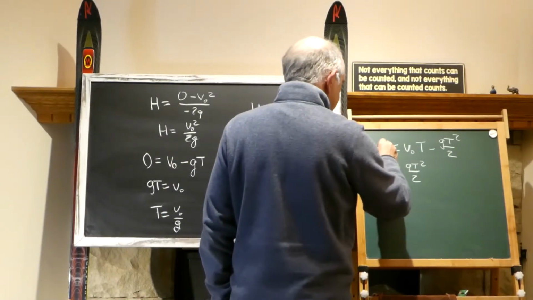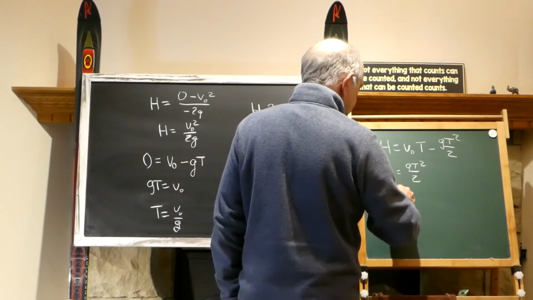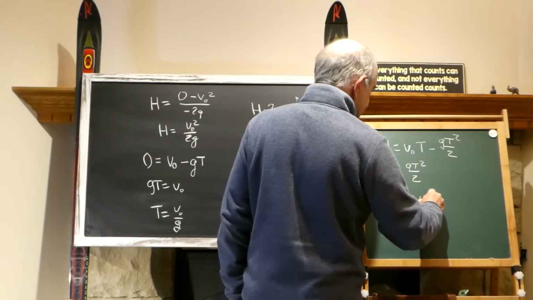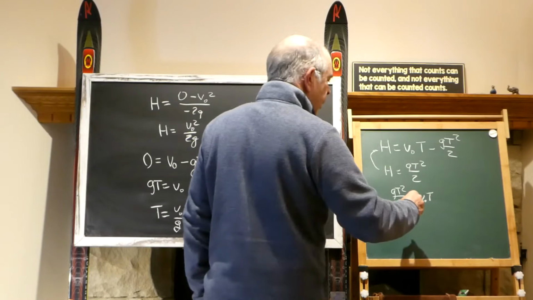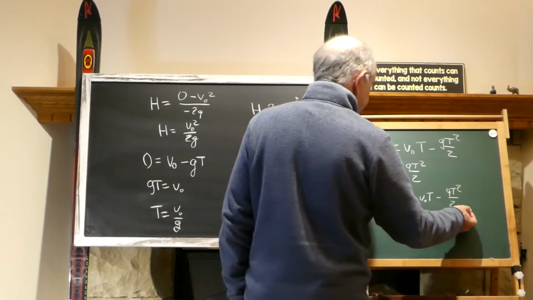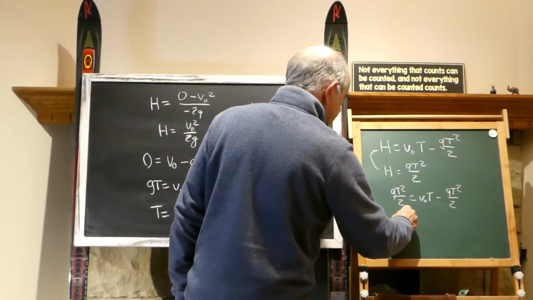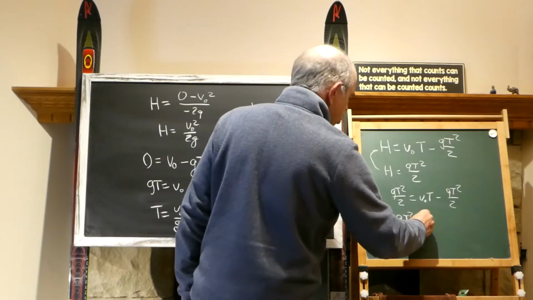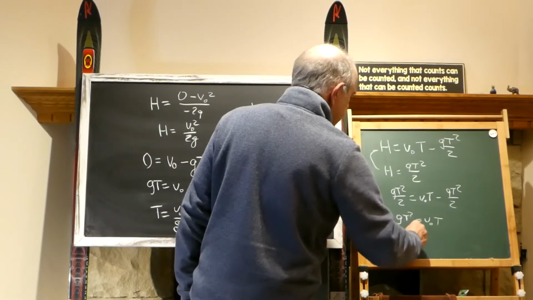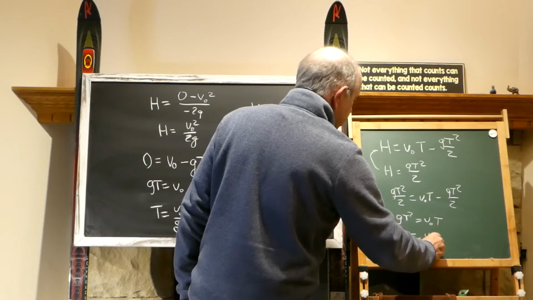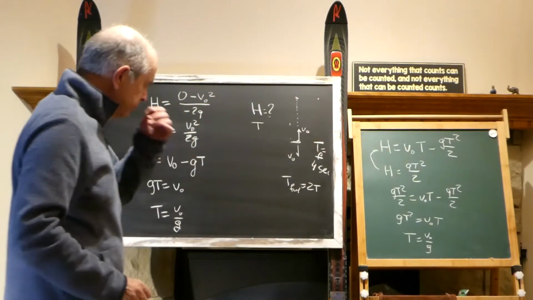We can plug it here, and we receive gt squared over 2 equals v0t minus gt squared over 2. We move gt squared here, it would be gt squared, because 1/2 and 1/2 is a full one, it would be v0t, and we will have t equals v0 over g, and it would be the same result.